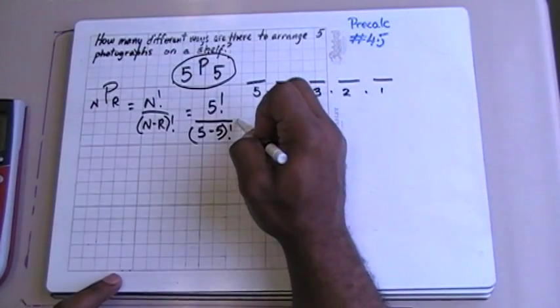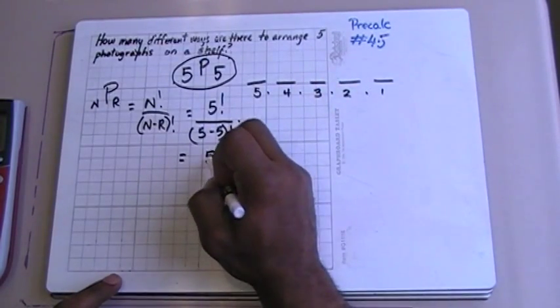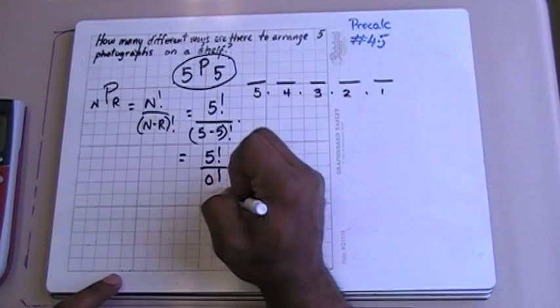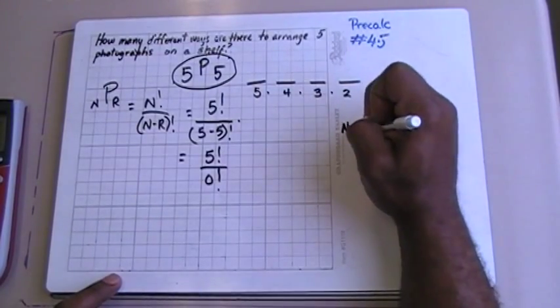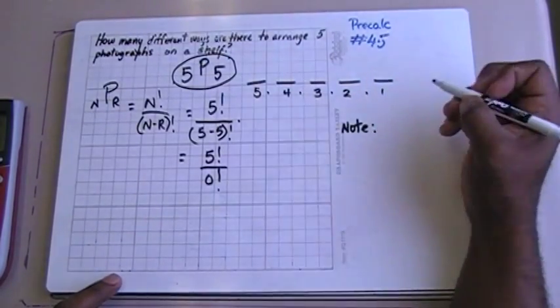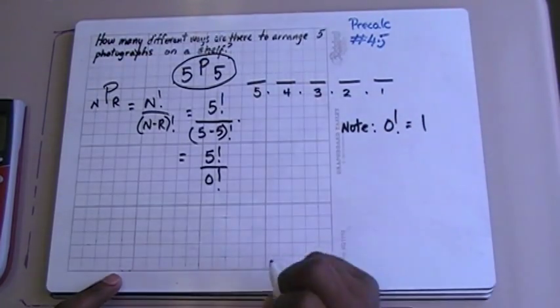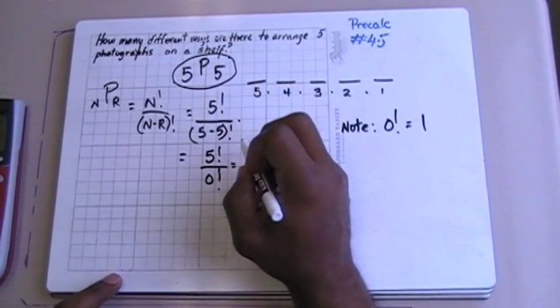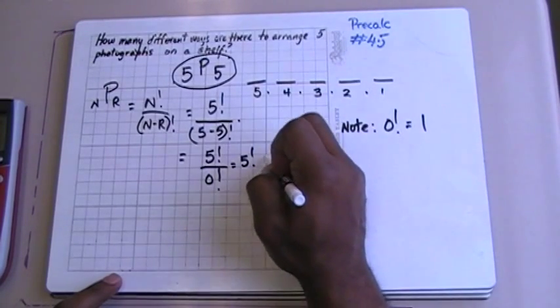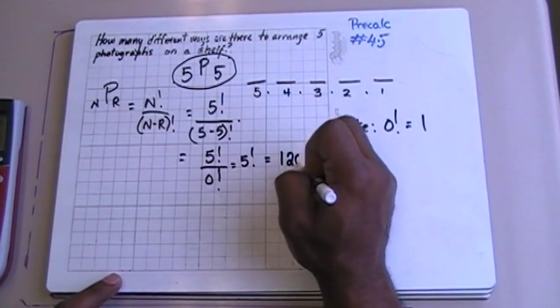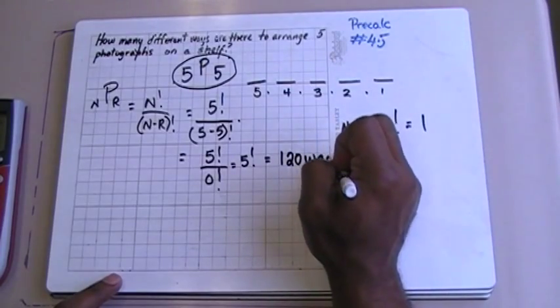Now that gives us 0 factorial. And please note that 0 factorial is always going to be equal to 1. So that still just leaves us with 5 factorial, which is 120 ways.